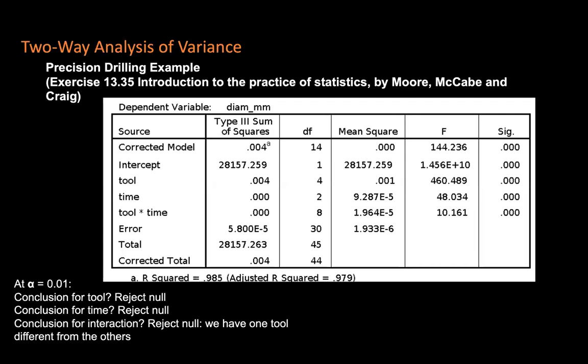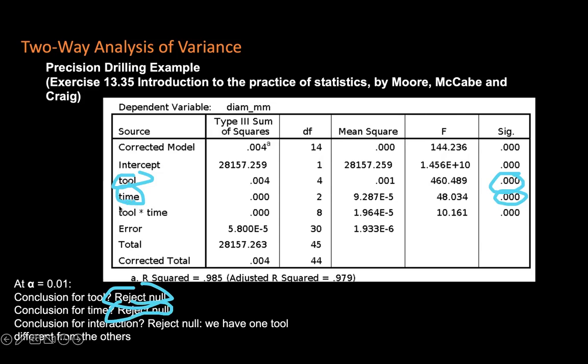Okay, so two-way analysis of variance, precision drilling example. This is how we read the table. For the tool, the significance is very high because it's essentially 0, so we reject the null. Conclusion for the time: again we have a very small p-value, so we reject the null again.